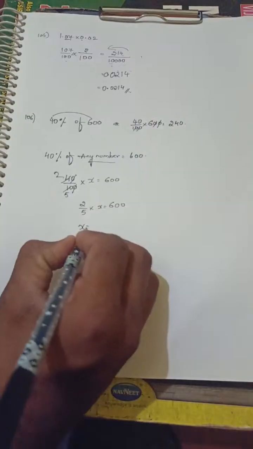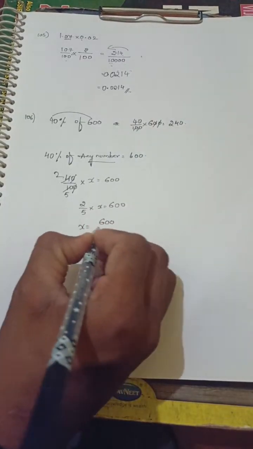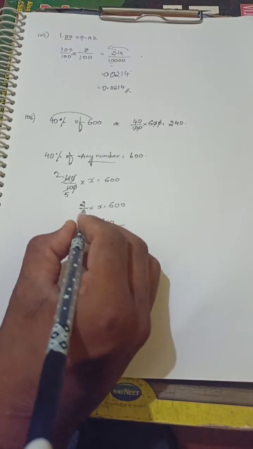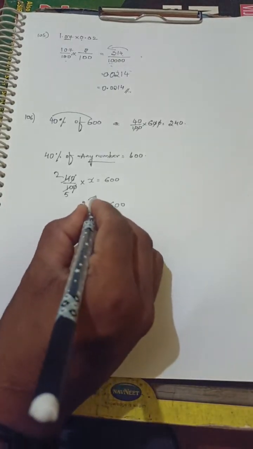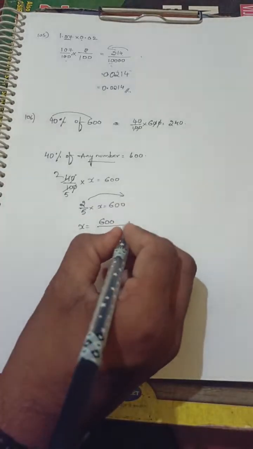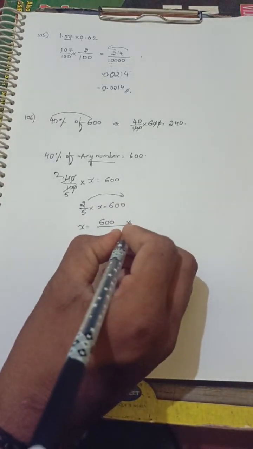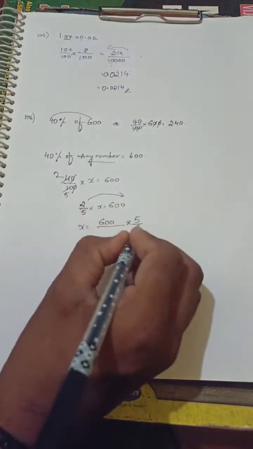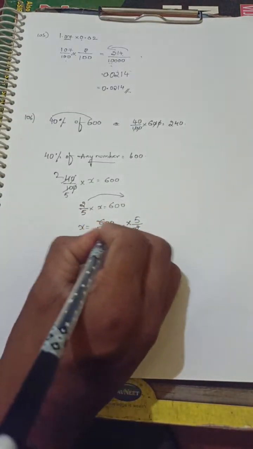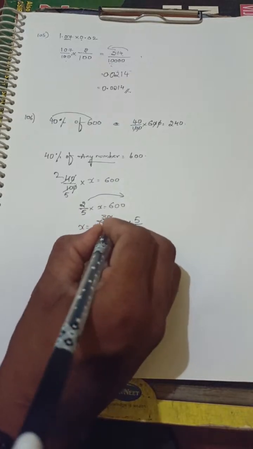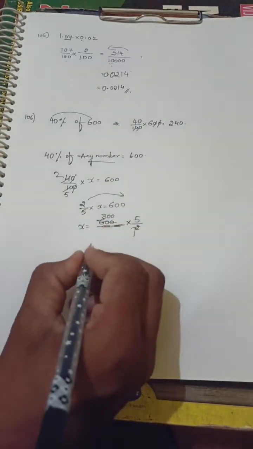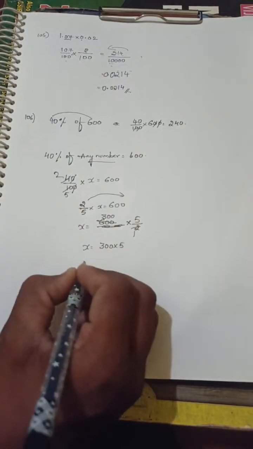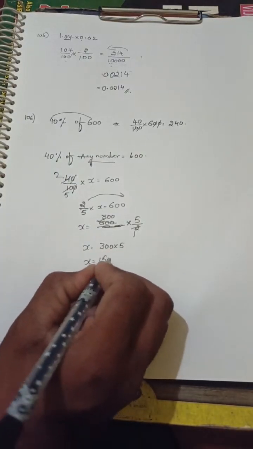So x is 600 by the fraction on the left hand side: the denominator goes to the numerator and the numerator comes to the denominator. 2 1s are 2, 2 3s are 6, and we cancel by 300 times. So x is 300 into 5, which is 3 5s are 15, and 2 zeros.